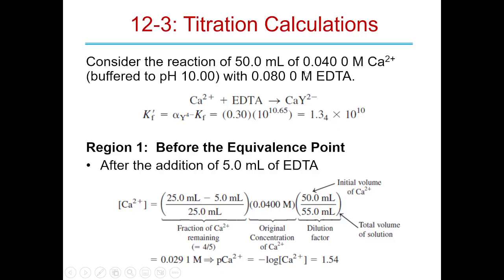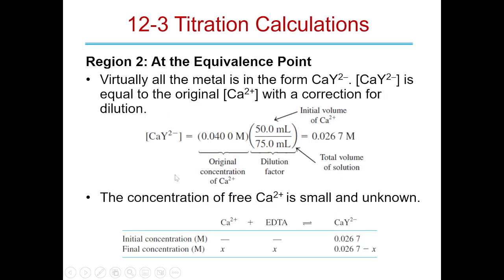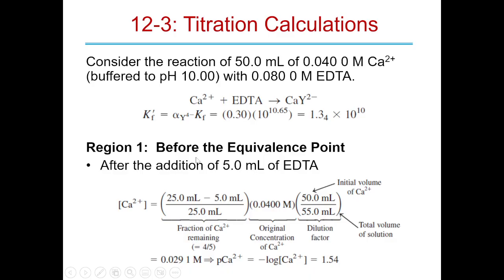So in this case right here, you would want to figure out what region you're in. So we have the reaction of 50 milliliters of 0.04 versus this 0.08. So after the addition of 5 milliliters of EDTA, we would be in the first region, right? Because that's double the concentration, so it would take at least 25 milliliters of the EDTA to be equivalent, right?